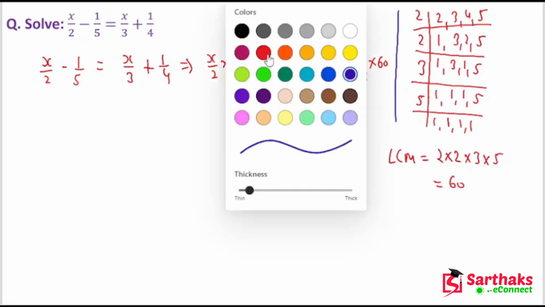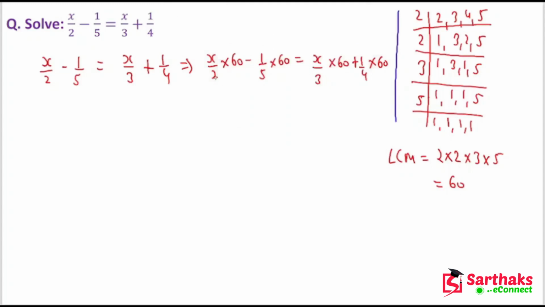So we will have 2 will cancel 60 by 30. So we have 30x minus 1 by 5 into 60, that is 12. Okay, is equal to x by 3 into 60, that is 20x plus 1 by 4 into 60, that is 15.